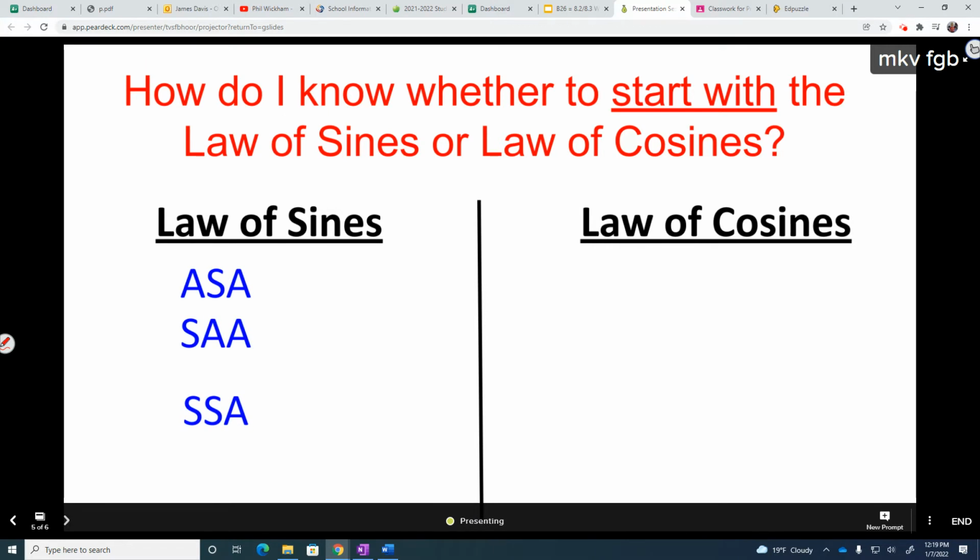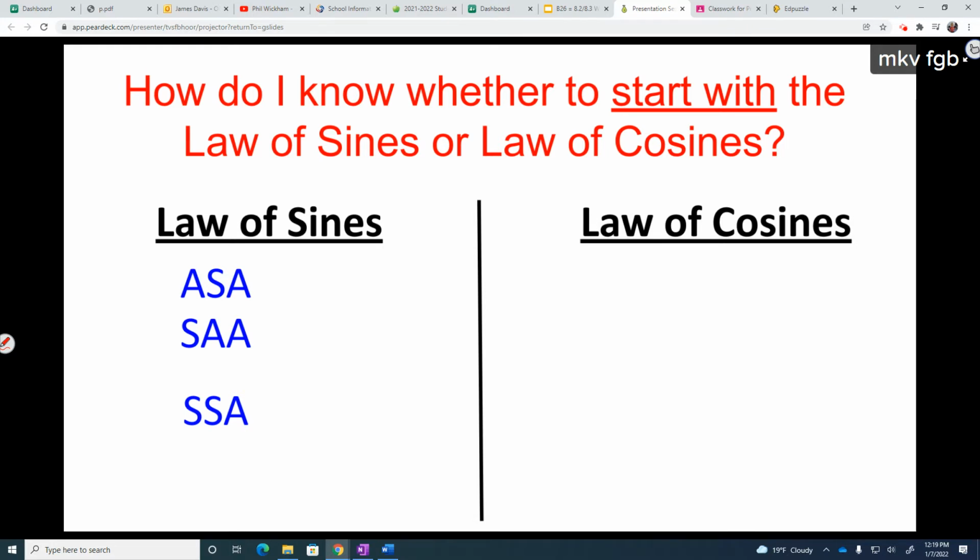So for a law of sines, these first two here, and you don't have to write this down if you don't want to. It's up to you. But these first two, angle side angle and side angle angle, this is when we're given two angles. So anytime we're given two angles, we're going to be using the law of sines, because either one of those angles matches with the side, or we can just solve for the third angle. So anytime you have two angles, we're going to definitely do law of sines.